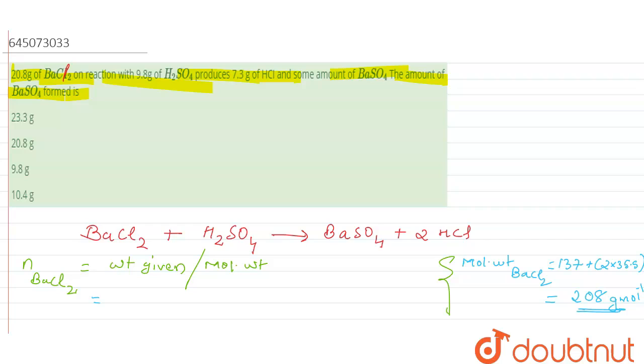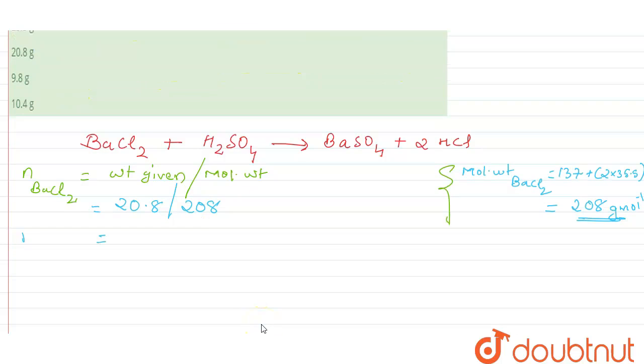Once you get the value of 208 gram per mole, you can substitute this over here. First of all, we have 20.8 gram divided by 208. So the number of moles of BaCl2, 20.8 divided by 208, is 0.1 mole, right? So this is 0.1 mole which we got.